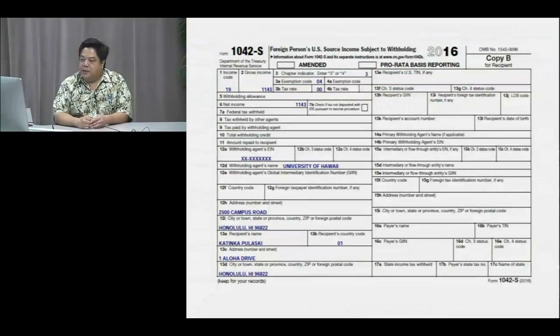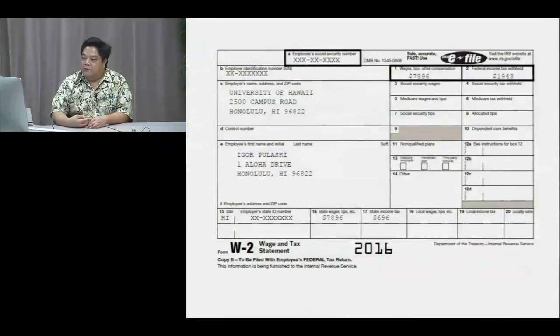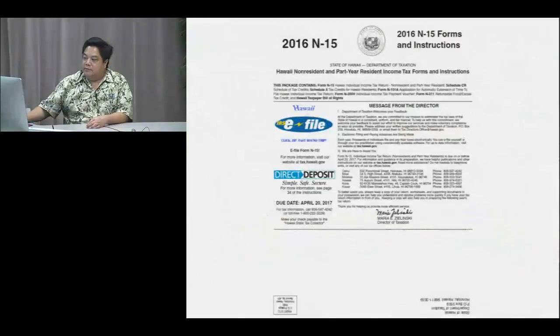So just to repeat, the 1042S for his wife is $1,143. The 1042S for the individual is $2,000. And the W-2 for him, which you saw earlier.